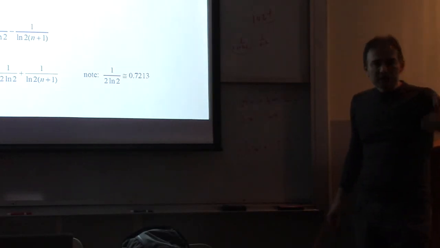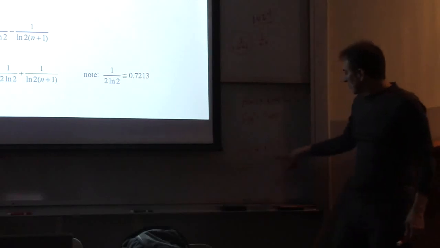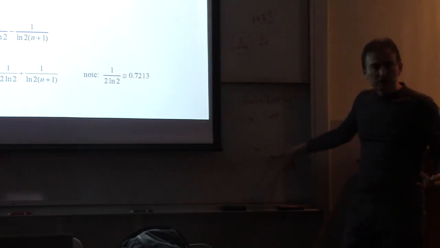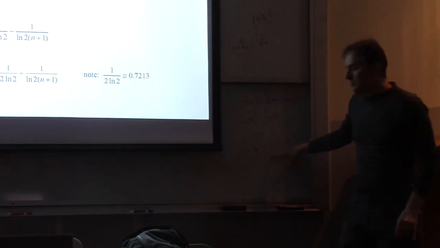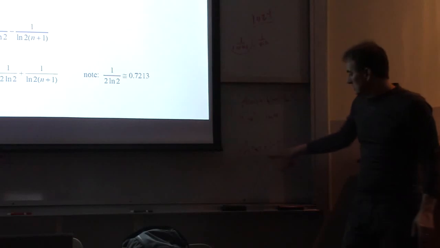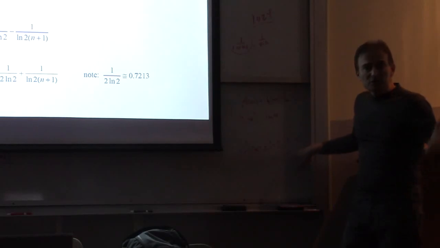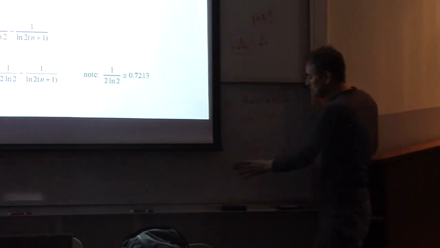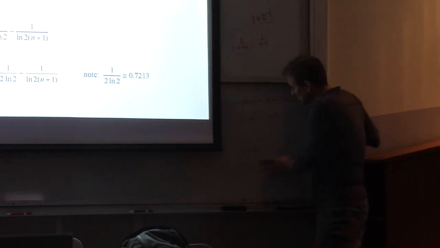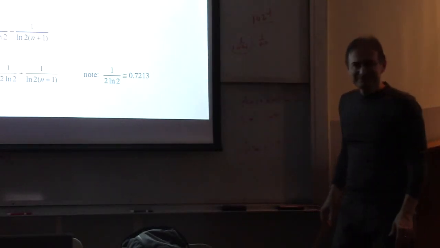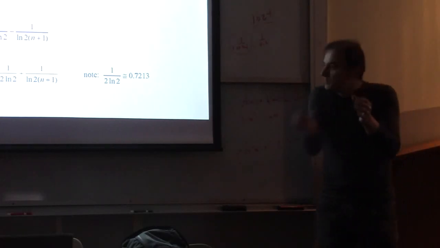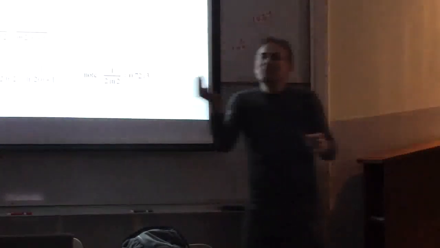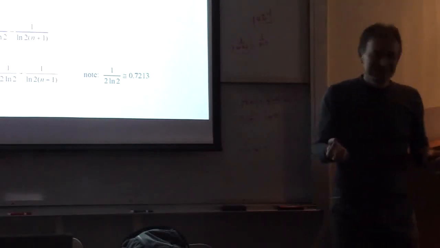If P is 1.0, what's this term? 0. If P is 0.5, you're going to get 50% of the average plus 50% of the worst case, which is going to buy you about 0.3 better.